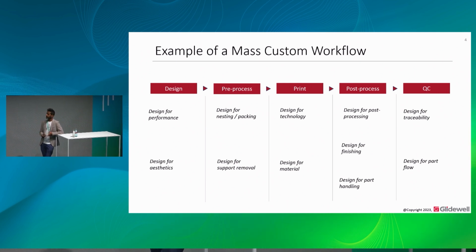So for traceability, there's a few different ways we could do that. We could either engrave or emboss a part number or part ID. Doing that on the outside of this bike grip becomes a little problematic, especially if you have lattice structures. Doing it on the inside is also not the easiest to read. But if we go back to the design feature we added for the post-processing in the vapor smoothing steps, we had a fish hook that we added.